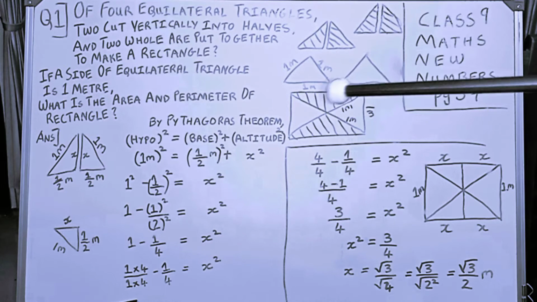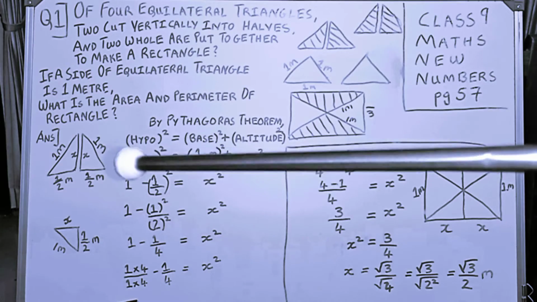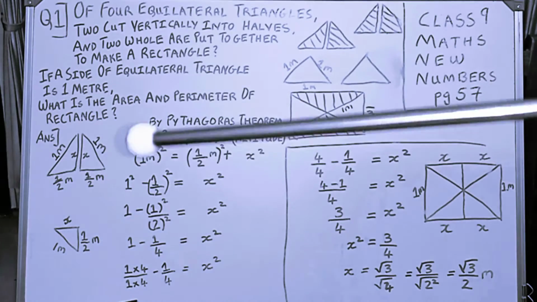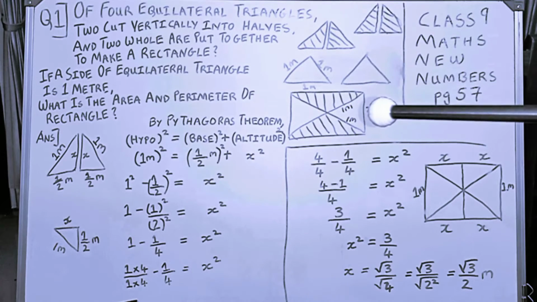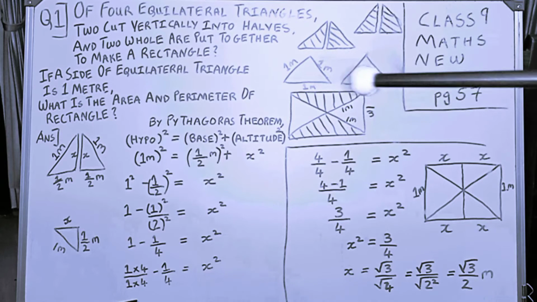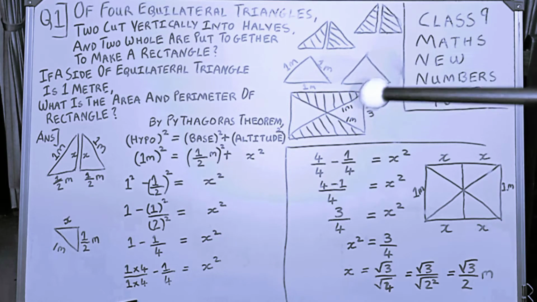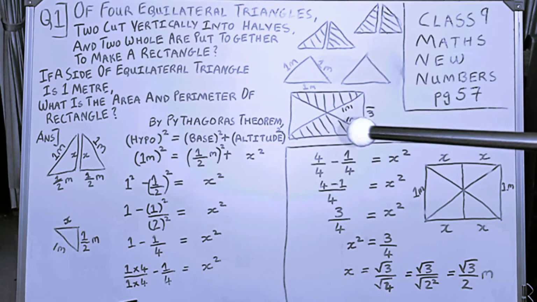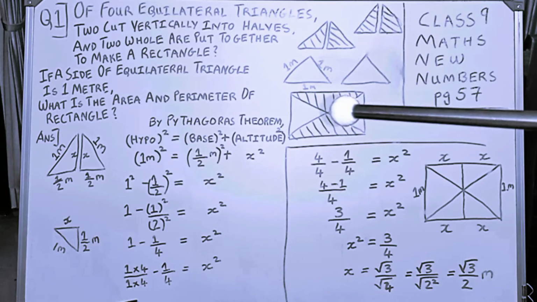So the right angle triangle over here will have 1 meter. You can see this same 1 meter is put over here, and this same 1 meter is put over here. So all three sides would be 1 meter. Here also all three sides would be 1 meter.